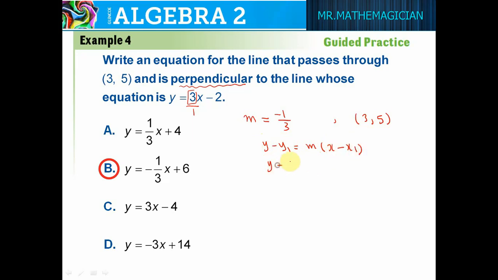So y minus 5 equals negative a third times (x minus 3). y minus 5 equals negative a third x plus, negative times negative is positive, a third times 3 is 1. Take negative 5 to the other side, so y equals negative a third x plus 6. So B is the accurate choice.